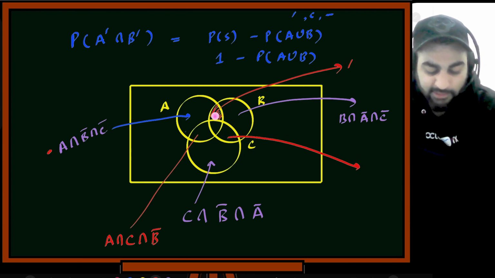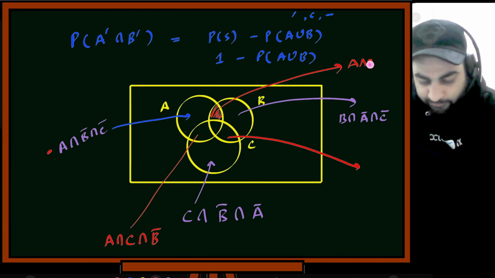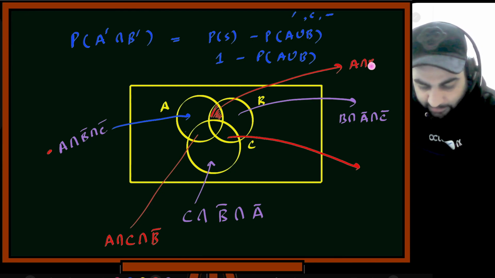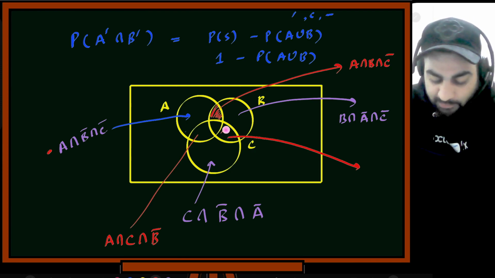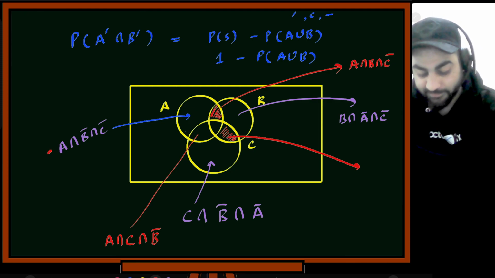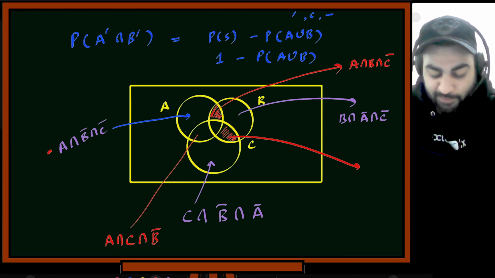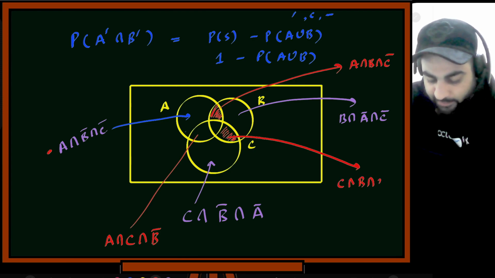Zakir, what is the answer for this? A intersection B intersection C complement, because C is not there. So what about this, Jahangir, now? No, you are not audible. Maybe Zakir, you can help me out in this also. So what is this? This is C intersection B intersection A complement.